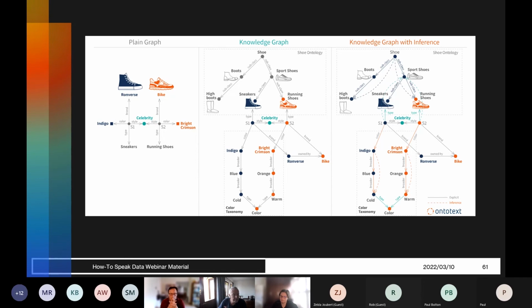But the next one is where we start bringing in machine learning. And now we can start with our inferencing, and you can see how we can start inferring all sorts of things and relating to not just the one term that we had, but mapping different boots and shoes and sneakers together and looking at almost segmentation that we have.